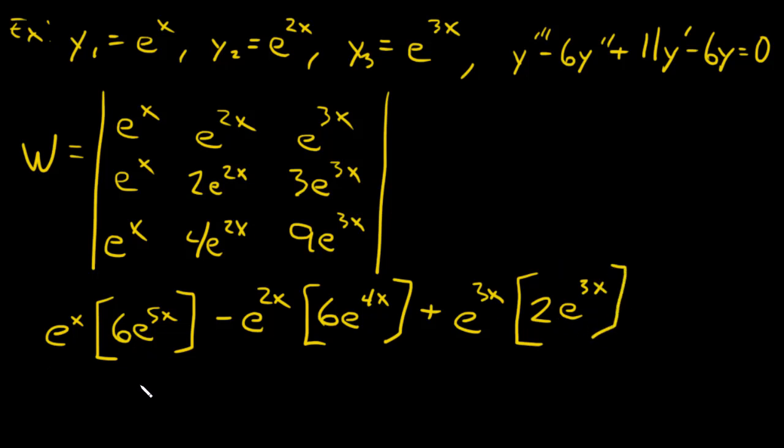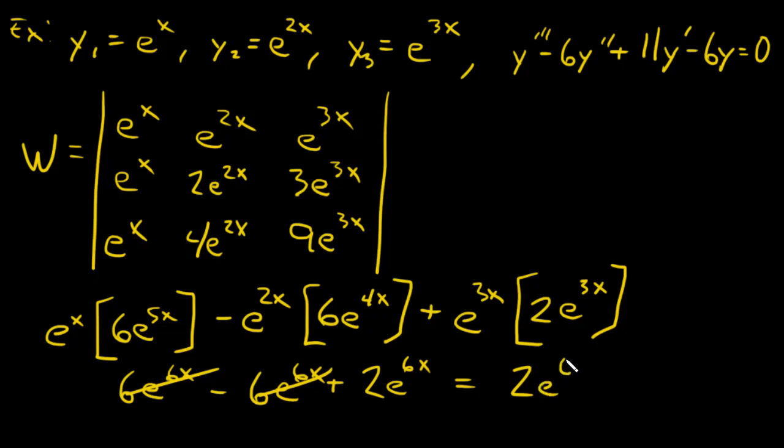Well, what is that going to give me? 6e to the 6x minus 6e to the 6x plus 2e to the 6x. These two cancel. I'm left with 2e to the 6x. There's no value of x that I can put in here that will make this equal to 0, so they are linearly independent. Okay?